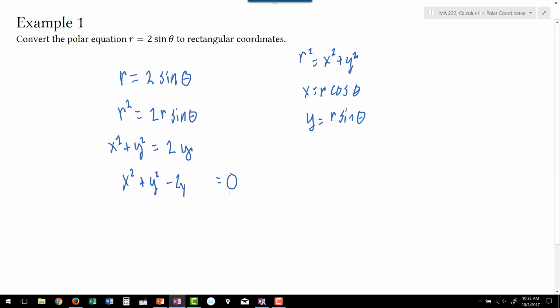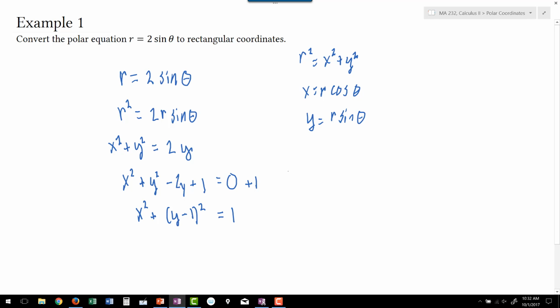And what I'm going to do is complete the square after I move that minus 2y over. The x is already a perfect square. I want to write y in terms of a perfect square, so I take 1/2 of the negative 2 and square that, so that would be a minus 1 squared, and I have to add that to both sides of the equation. When I have completed the square, I can now write the left-hand side as x squared plus the quantity y minus 1 squared.